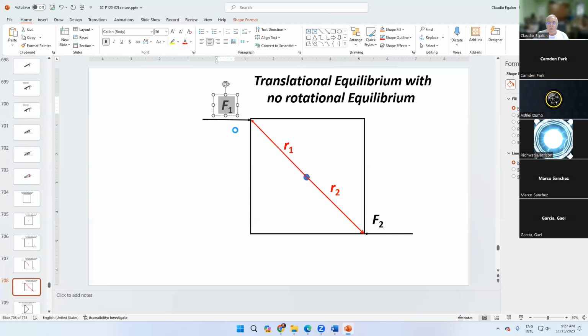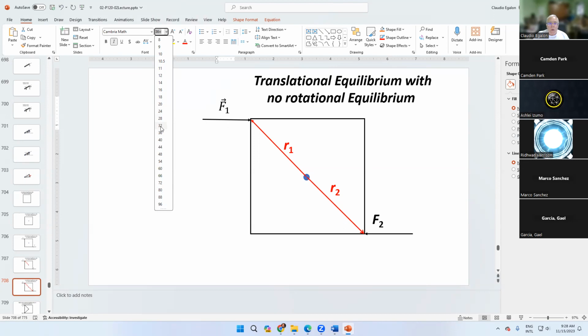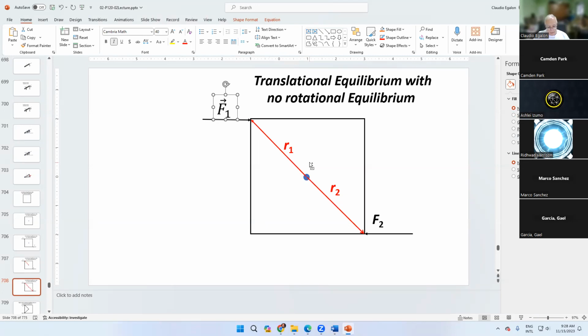Here is F1, and the other one is going to be F2.